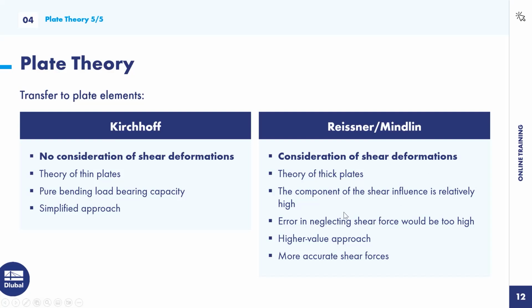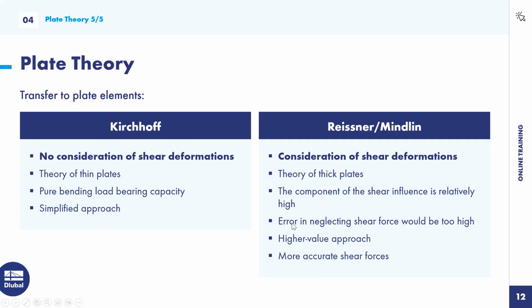Then we have the component of the shear influence, which is relatively high. That means the shear deformation needs to be considered, and it is considered. We don't have the error from not considering the shear force.